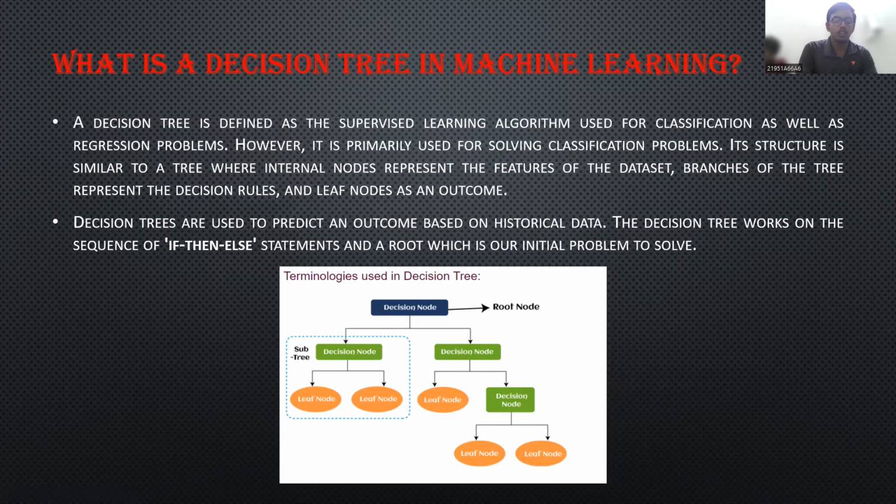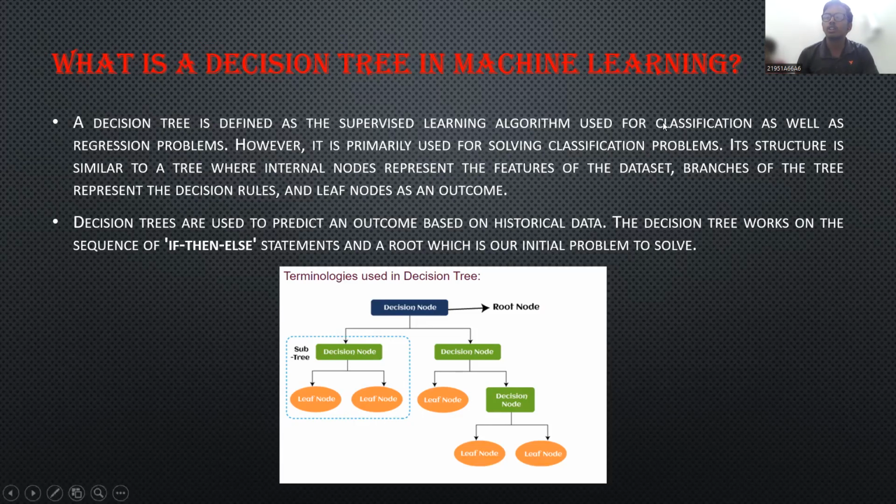What is a decision tree in machine learning? A decision tree is defined as a supervised learning algorithm used for classification as well as regression problems. However, it is primarily used for solving classification problems.